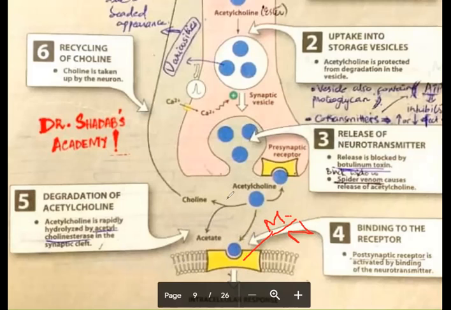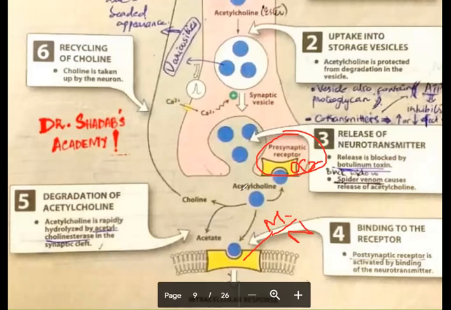And the rest of the acetylcholine that is left over here will go back and attach again to this presynaptic receptor, because it's a presynaptic neuron, so this is a presynaptic receptor, and the name of this receptor is alpha 2. In all neurons, alpha 2 is present at the presynaptic terminals.